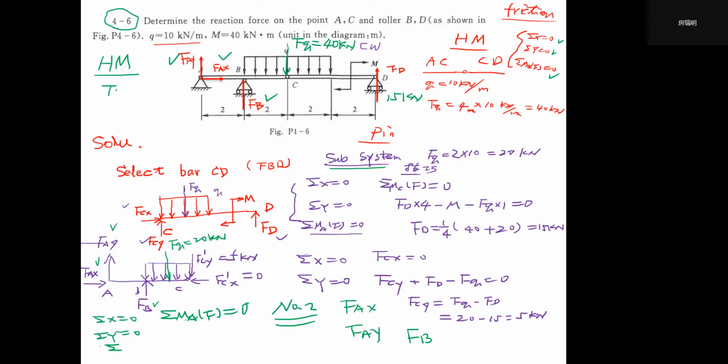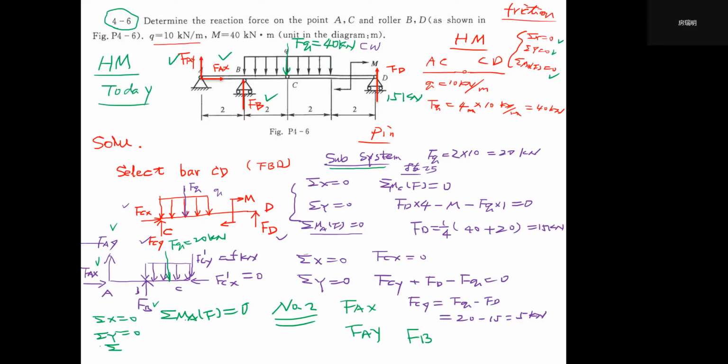So this is our homework today. I hope you guys can totally understand what I'm talking about and select one of the choices to finish the calculation of FAY, FAX, and FB, right? So we only have three unknowns.